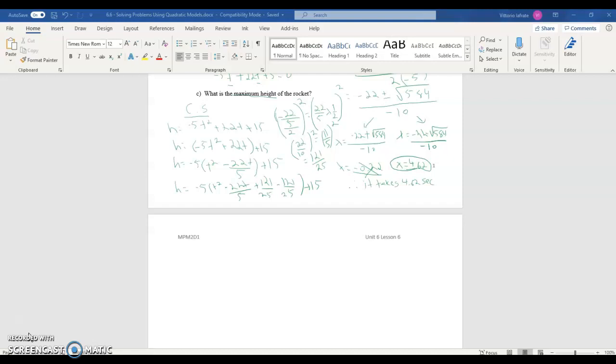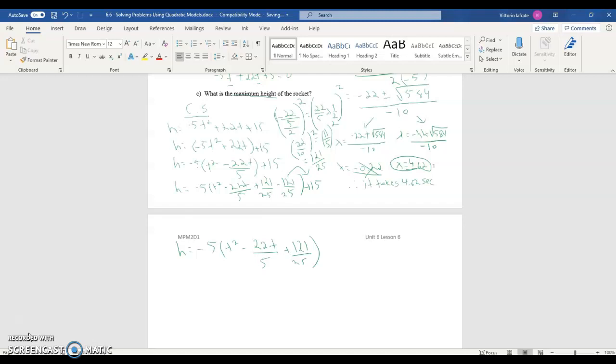So our next step here was h is equal to -5(t squared minus 22t over 5 plus 121 over 25). And then this here has to come out and be multiplied by the a value.